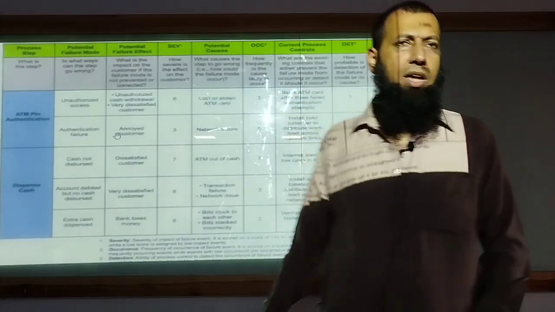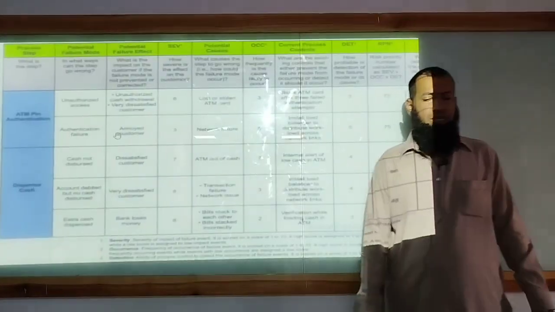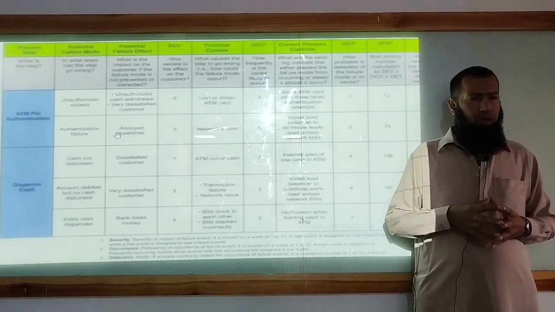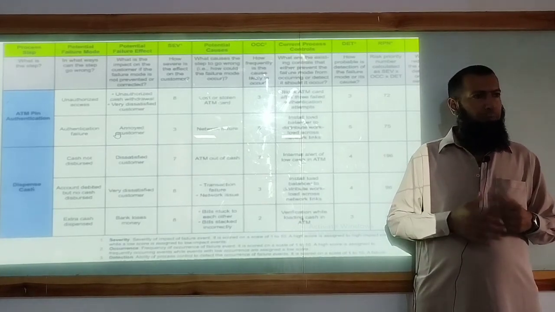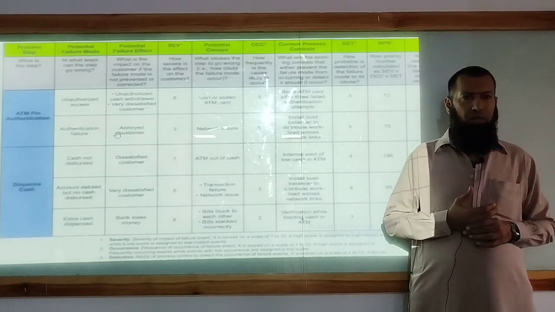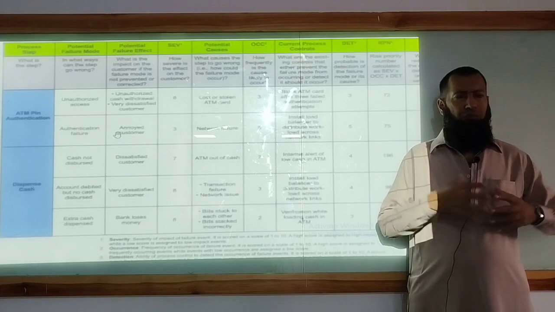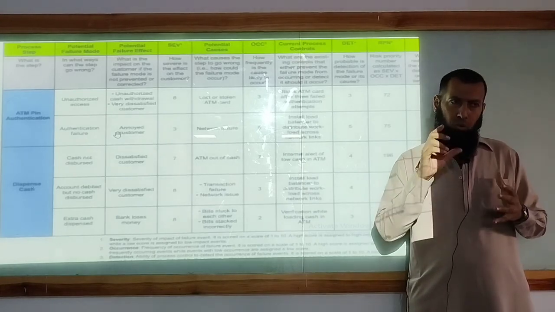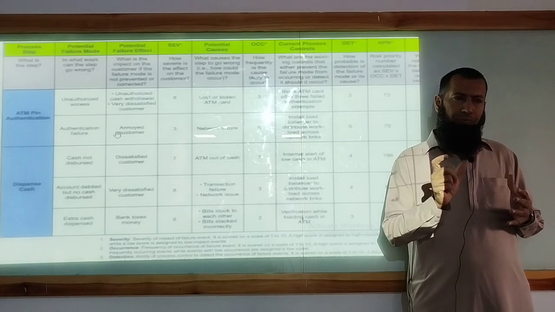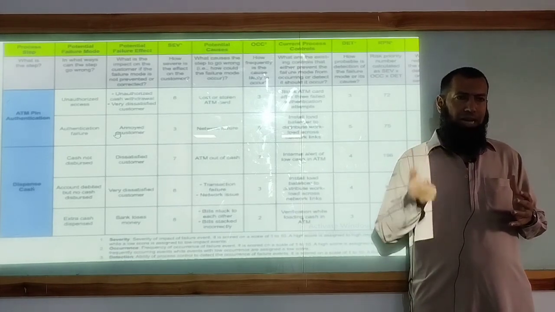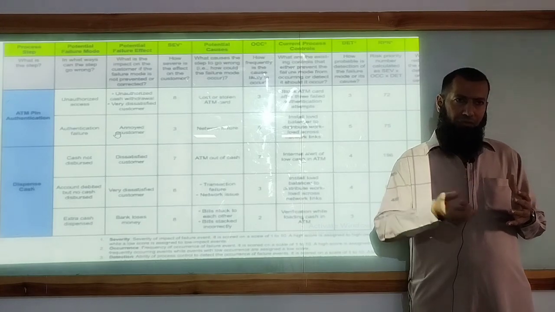Okay ji. Failure mode effect analysis. It is basically the analysis through which you get to know what are the possible factors of failure and what is their effect. So you basically get to know the modes of failure, the kinds of failure, and the effect they are creating.